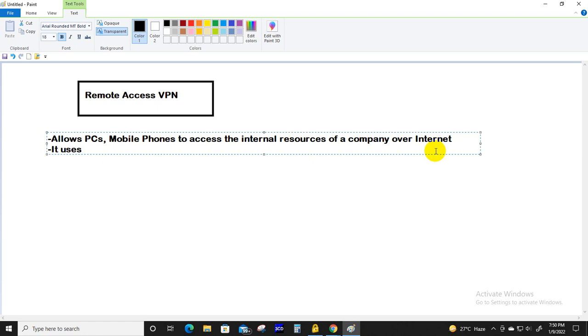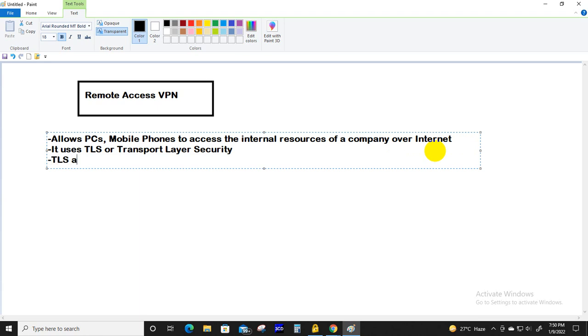It uses TLS or transport layer security. So, TLS also provides security for, we know, HTTPS.